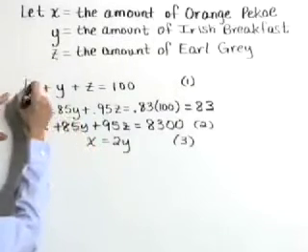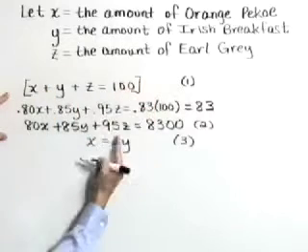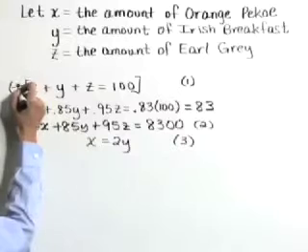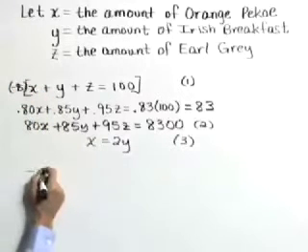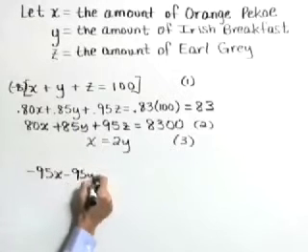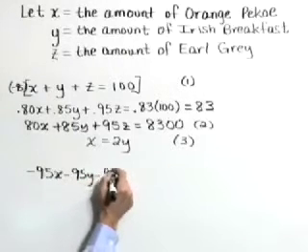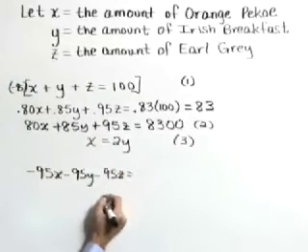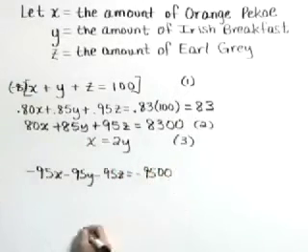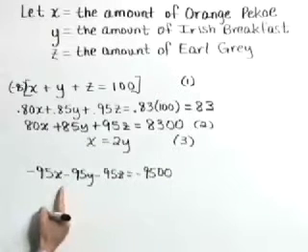Multiply equation 1 then through by negative 95 to get negative 95x minus 95y minus 95z is equal to negative 9,500. So that was negative 95 times equation 1.